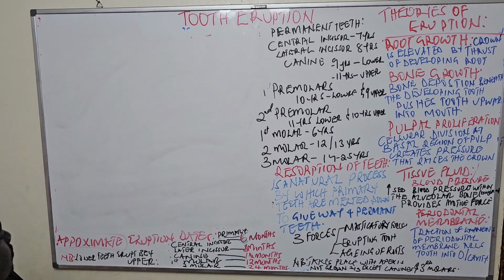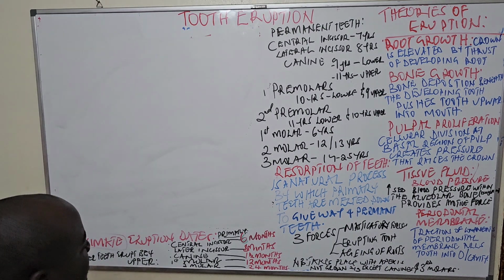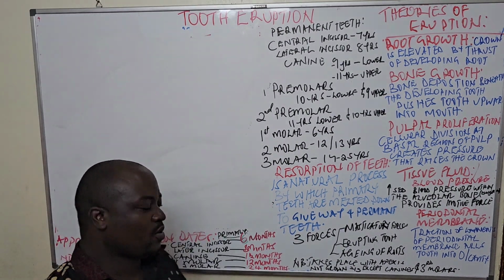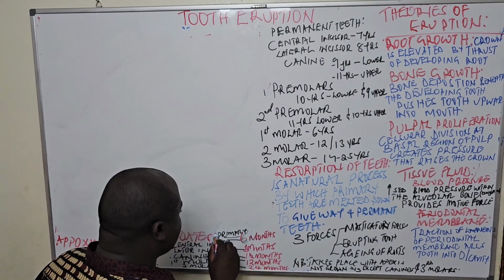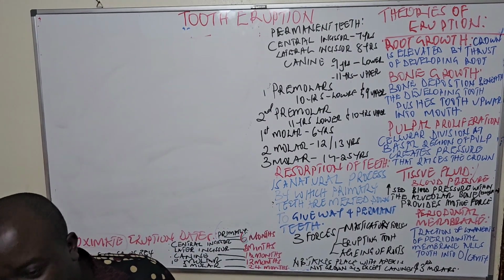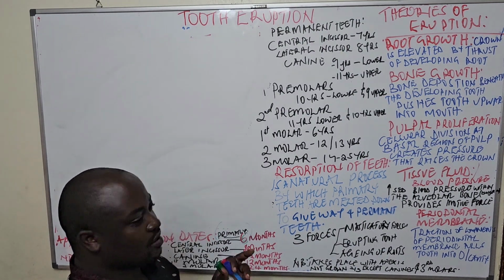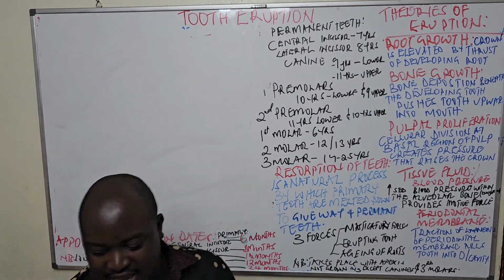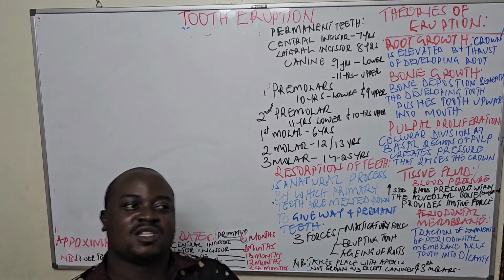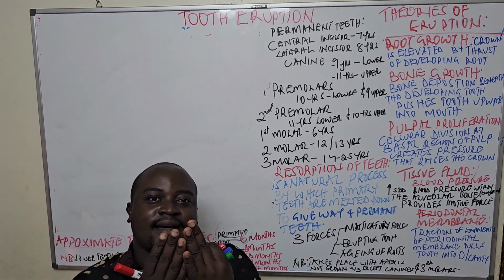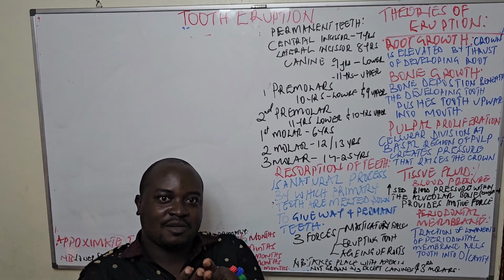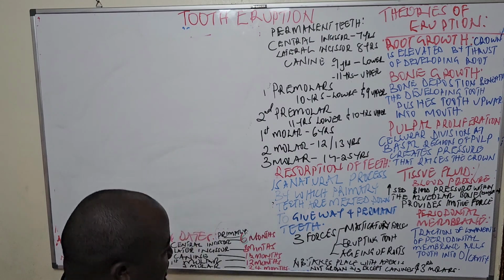Number one, we have the central incisor. When a child is 6 months of age, we expect them to have the central incisor. Central incisor, we talked about that: the teeth in the anterior part of the mouth, just from the midline.